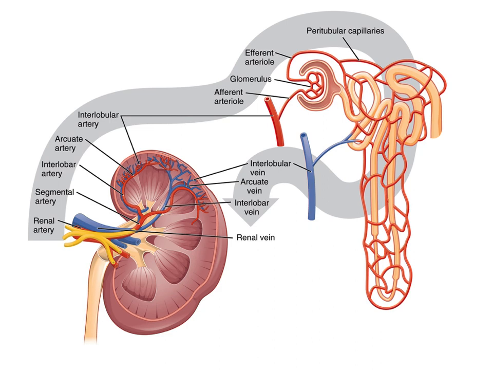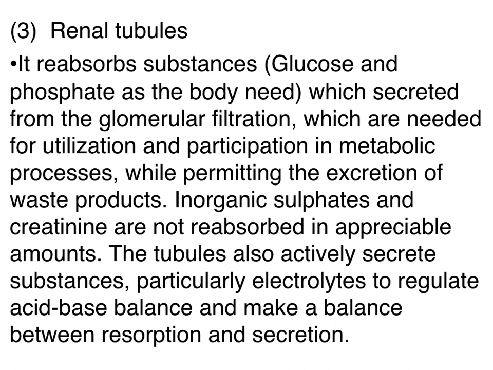So this is simply how urine is made, and how the filtrate occurs in the glomeruli and then goes to the renal tubules, through the bladder, and outside. The renal tubules reabsorb substances such as glucose and phosphates as the body needs, which are filtered by the glomerulus, for utilization in metabolic processes, while permitting the excretion of waste products.